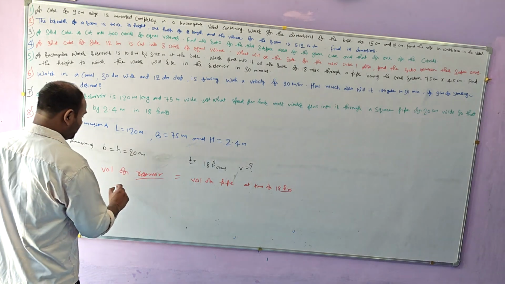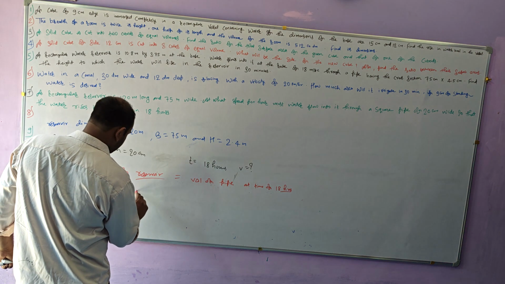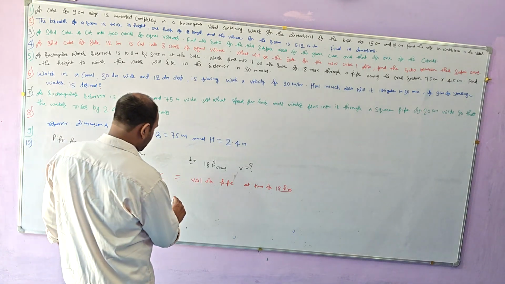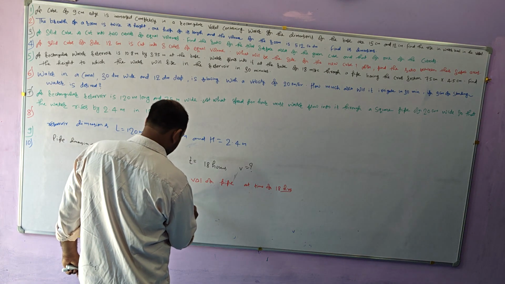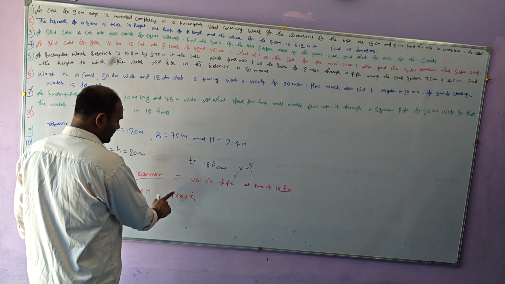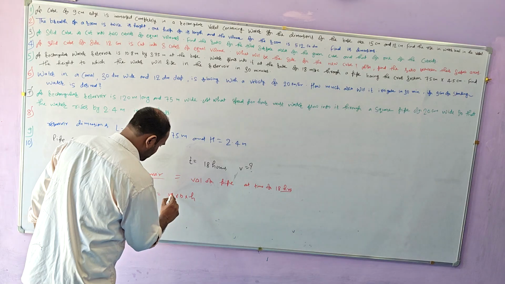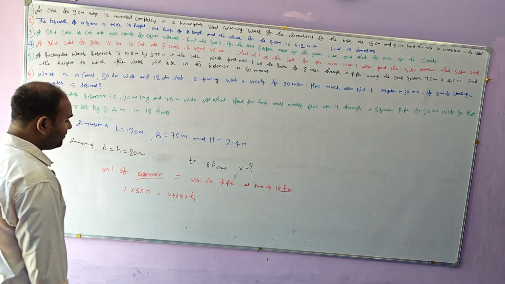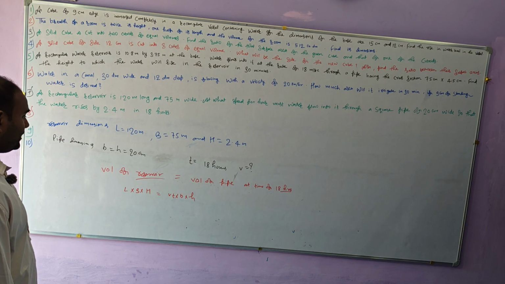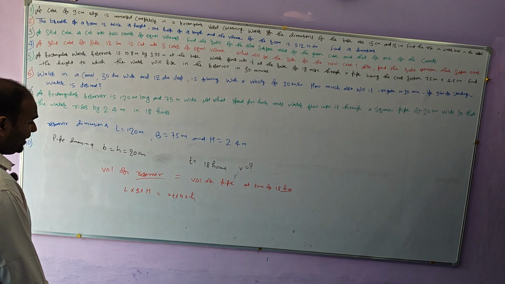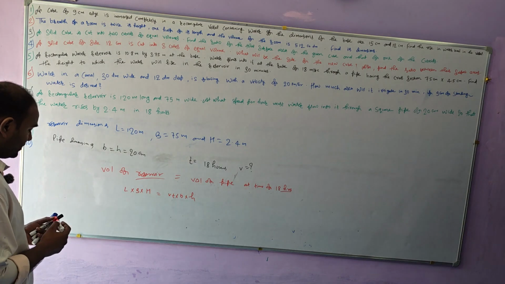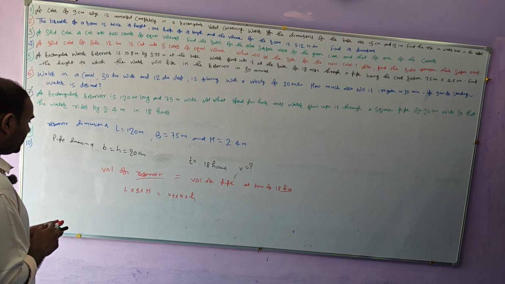And we have a dimension L into B into H, that is equal to L into B into H, and we know L is equal to Vt. So we have Vt into B into H, and we need to find out V, and all the dimensions are given according to the question.